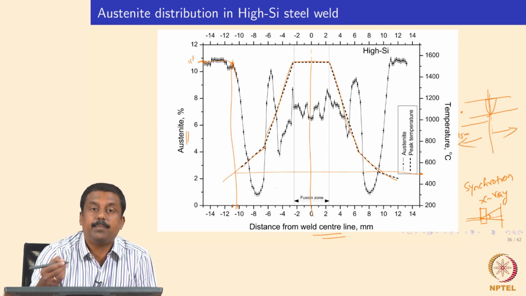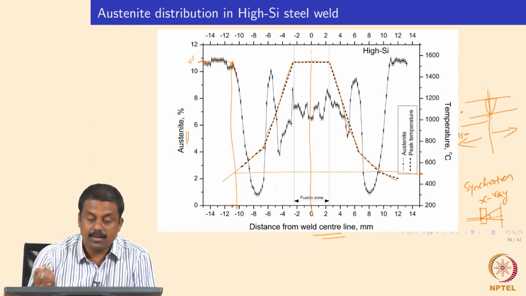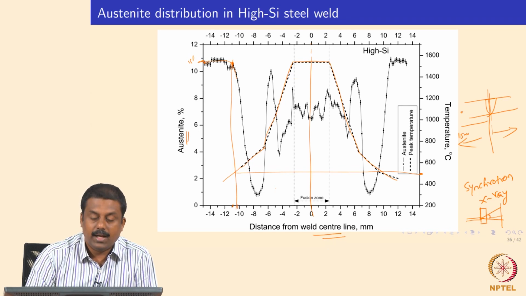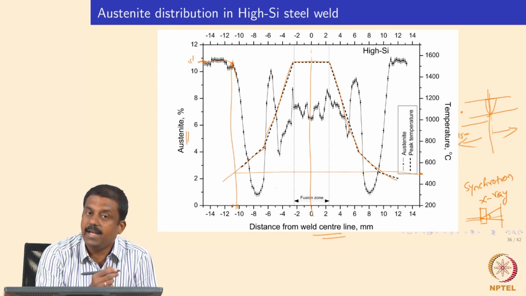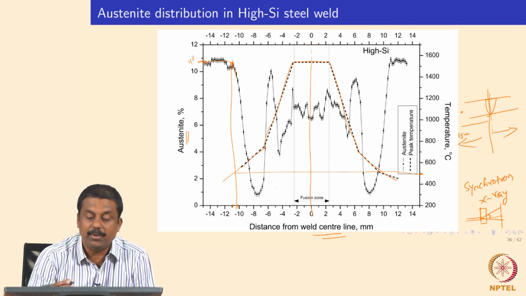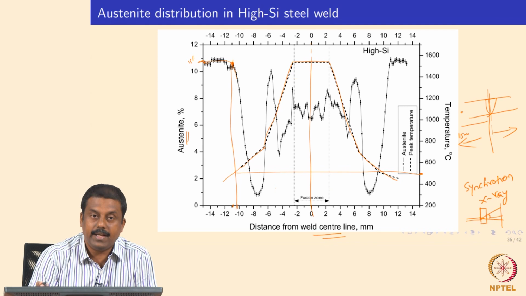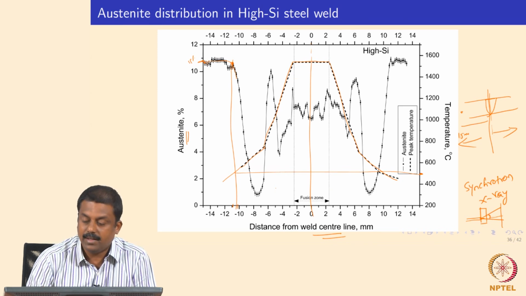So you may have to increase the temperature much further so that the kinetics can increase the decomposition rate. Whereas in the magnetic saturation measurement, we heat it very slowly. So you can see the effect of heating rate on the decomposition mechanism of retained austenite.